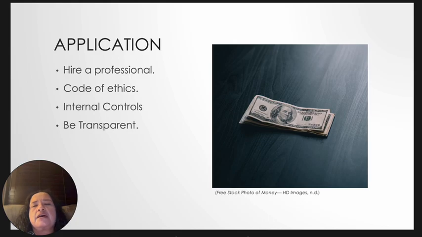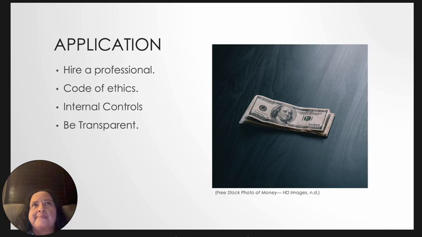But anyways, being transparent helps discourage that, because if there is a lot of transparency, even if it's only within your finance department, it discourages those types of crimes, because it's obvious that if somebody were to commit a crime within the corporation or against the corporation, it would be very obvious.